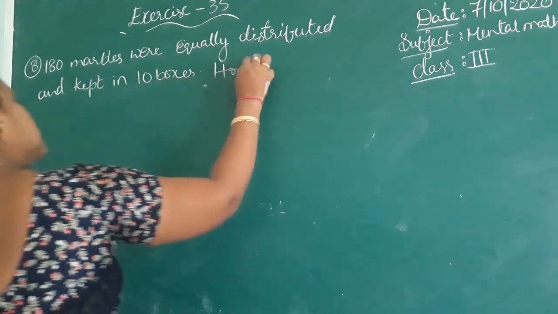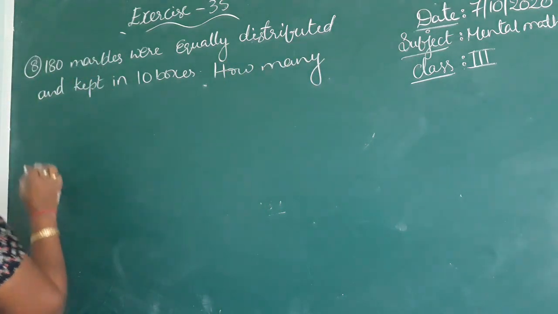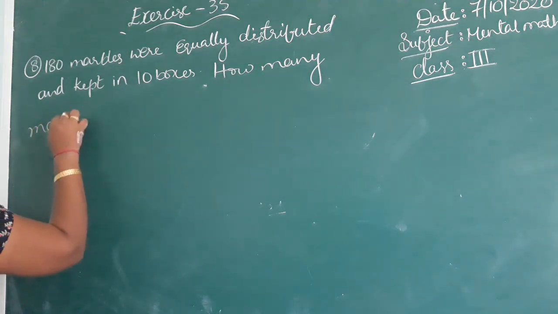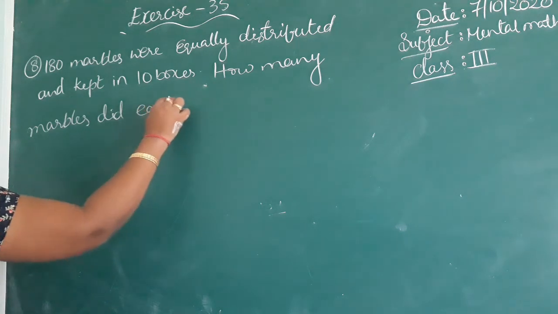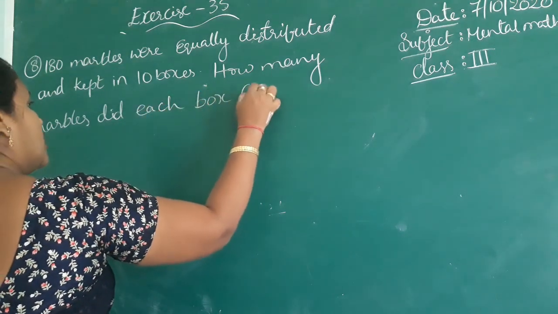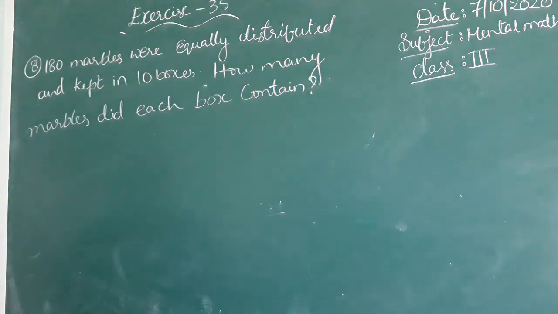How many marbles did each box contain? So 180 marbles were kept in 10 boxes. 180 marbles were kept equally distributed. Equally distributed means equally kept in 10 boxes.